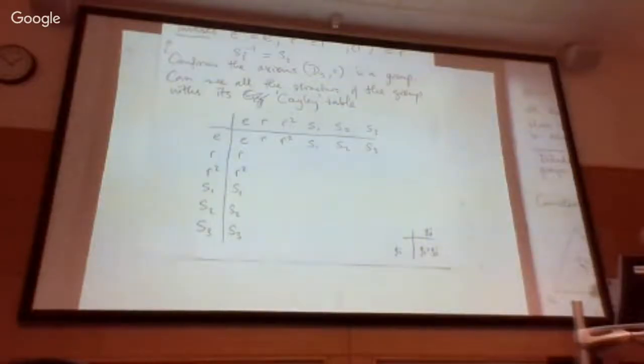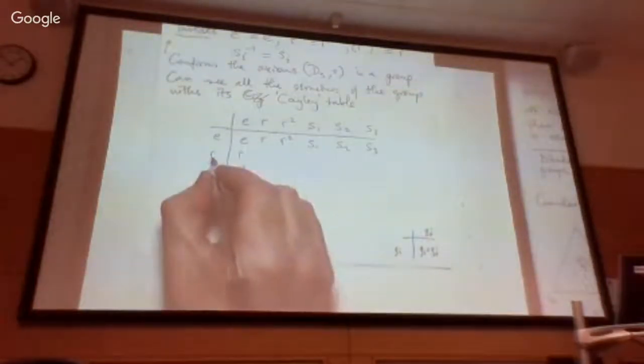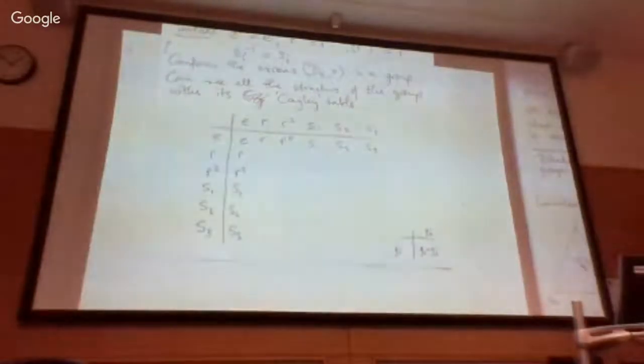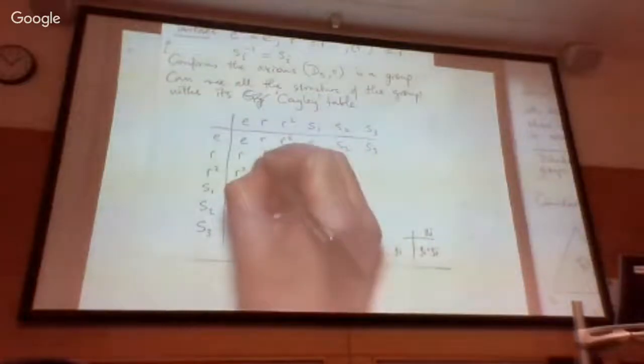Things start to get interesting when you look at products with non-identity elements. So remember, in each entry here, we're doing the symmetry, the row label after the column label. So what's R composed with R? R squared. Yeah.